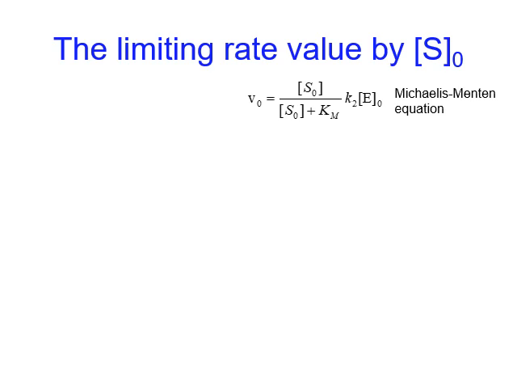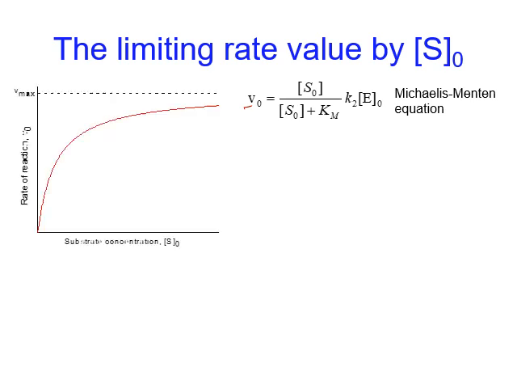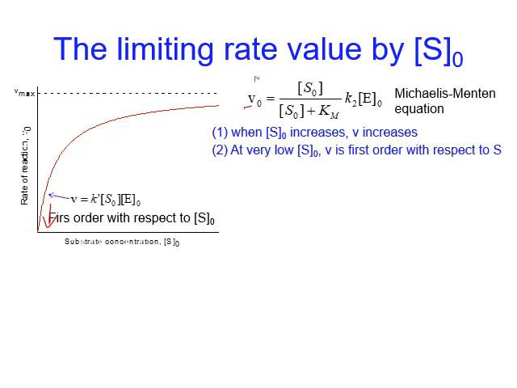We derived the Michaelis-Menten equation. That is, the reaction rate is k2 times E naught times S naught divided by S naught plus Km. If we plot this reaction rate as a function of substrate concentration, we can see that at a low concentration of substrate, the reaction rate is proportional to the substrate concentration, which indicates the reaction is first order.